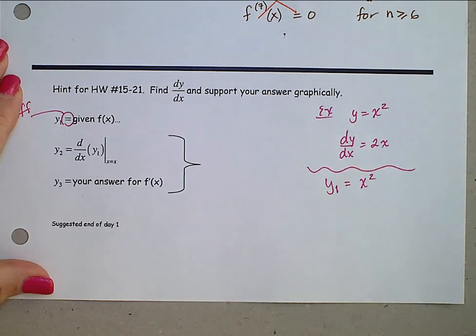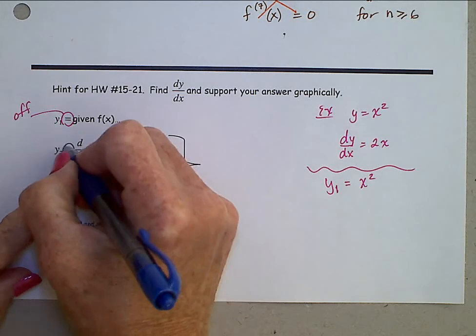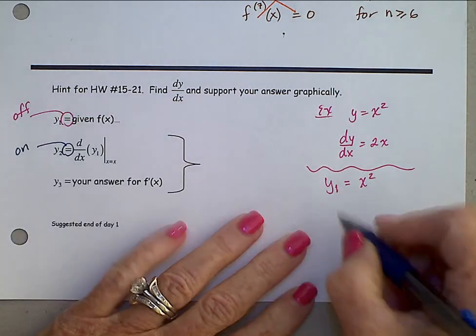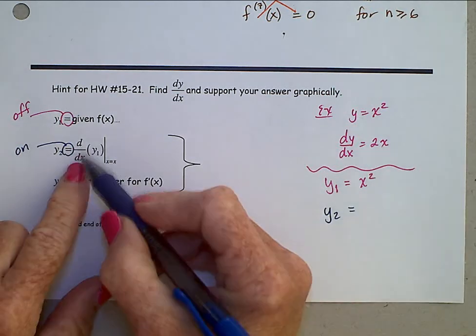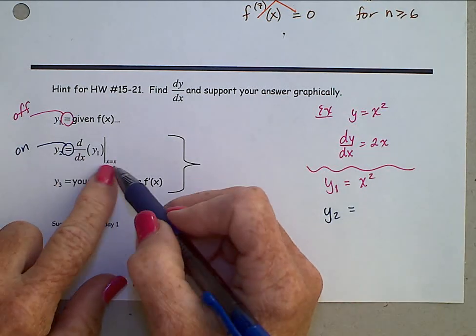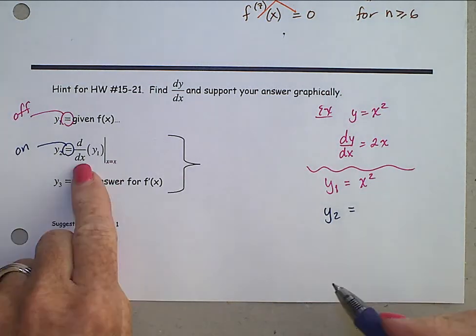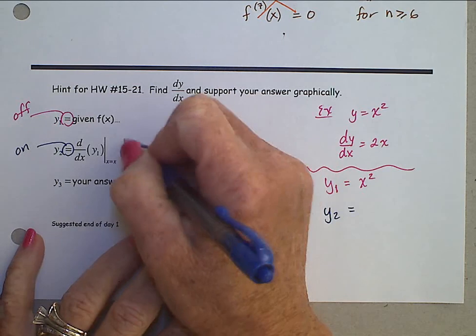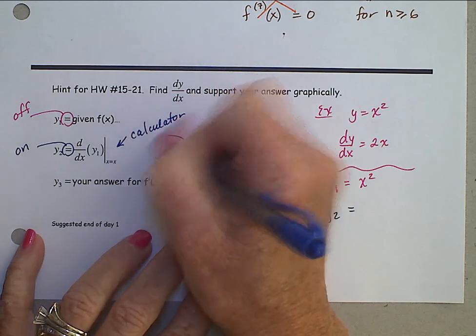y2, you're going to leave this one on. And in y2, you're going to do d/dx of y1 at x equals x. That lets your calculator find the derivative.